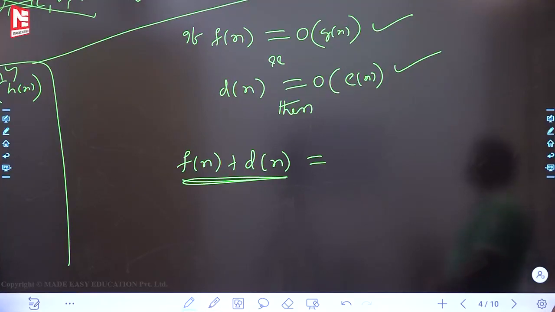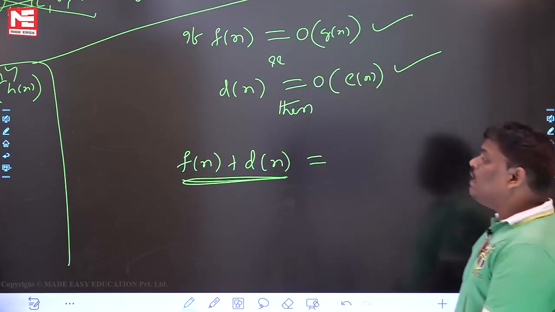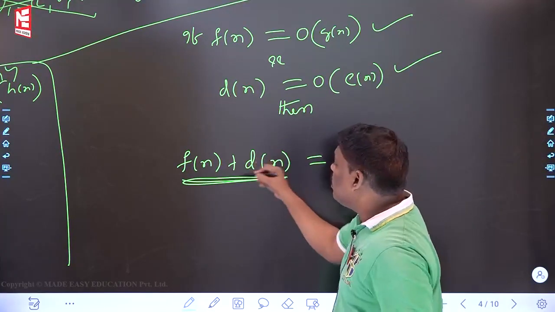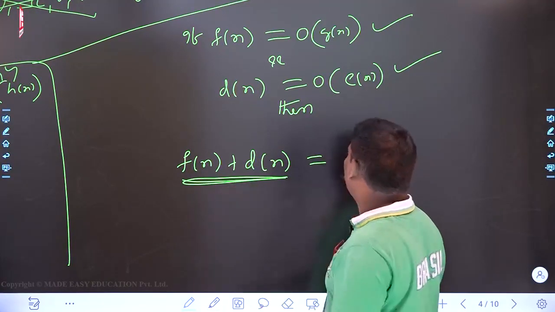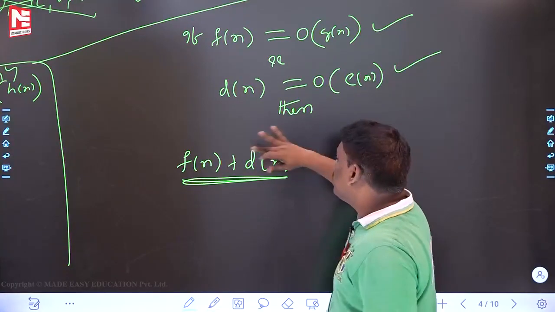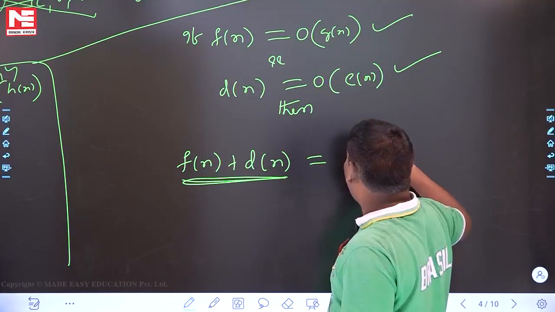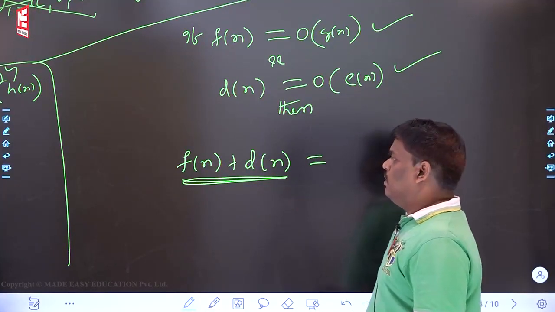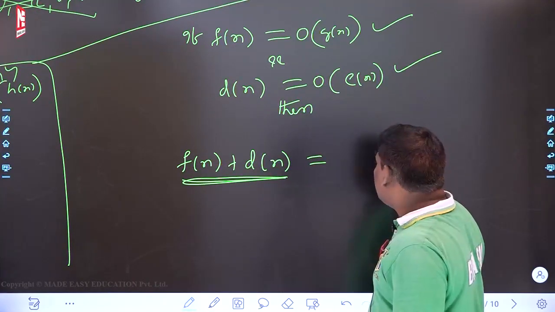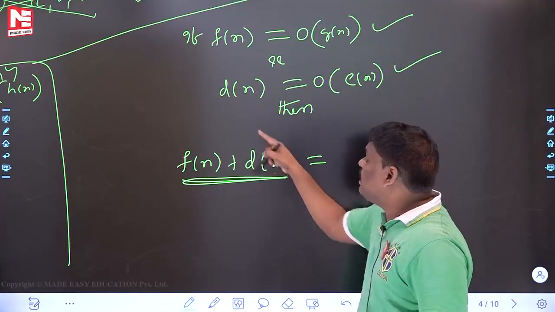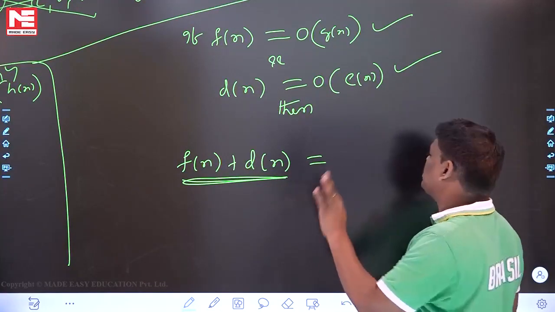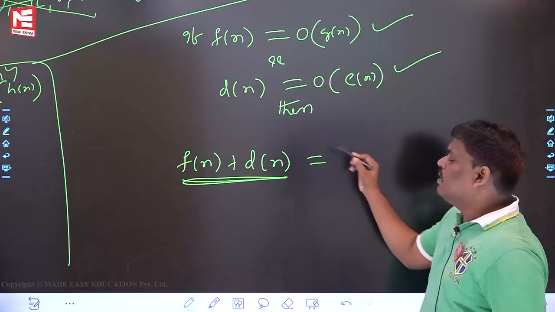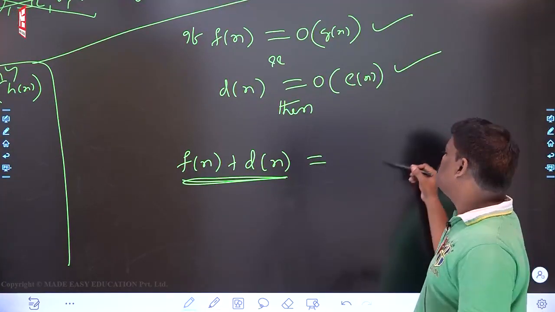If I say g is the upper bound, f is okay, but d is not okay. If I say e is the upper bound, d is okay, but f is not okay. Then what is the answer? This is the best answer for this.